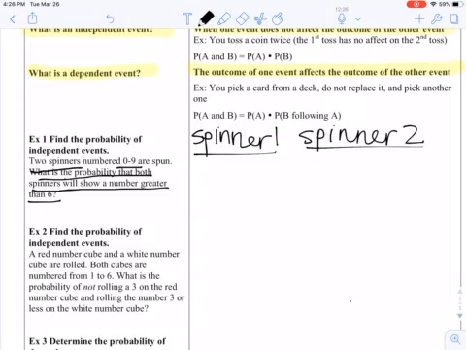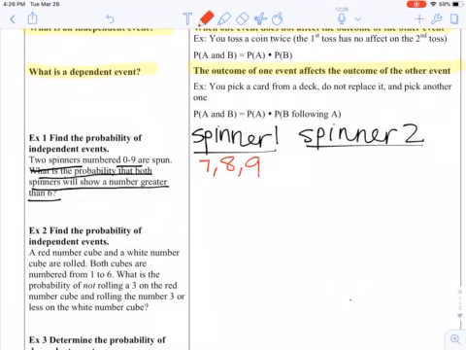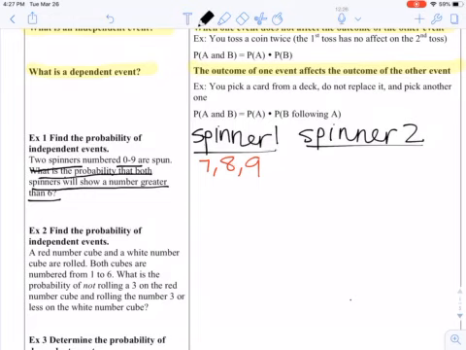So on spinner 1, I'm looking for the probability that it has a number bigger than 6. So the numbers that are bigger than 6 on that spinner would be 7, 8, and 9. So that means that there are 3 numbers on there that are bigger than 6, and there's a total of 10 numbers.